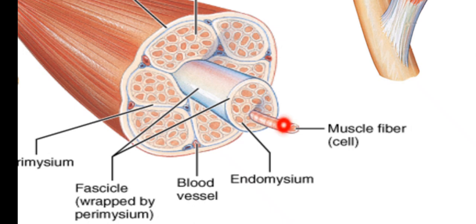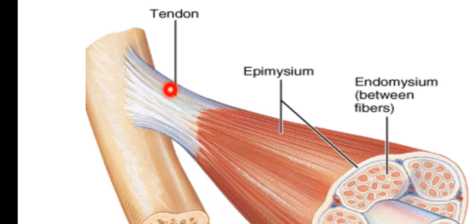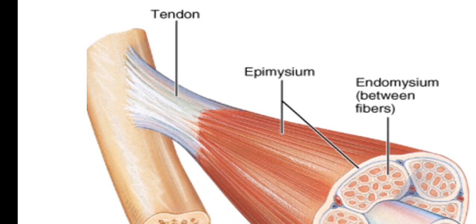So when the force is initiated, it starts from the actual muscle fiber here. This actual muscle fiber is going to spread the force to the entire fascicle or the band of muscle. The entire fascicle is going to spread the force to the entire muscle. And then this entire muscle will transfer the force to the tendon, and then this tendon will be able to pull the bone, and then you'll be able to make a movement.